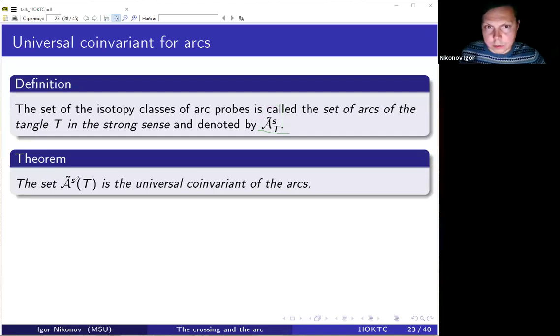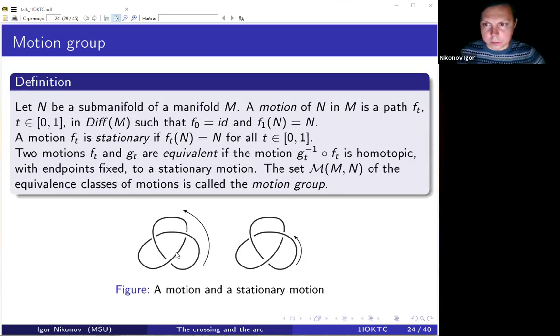And if you want to define not a coinvariant but an invariant, the universal invariant of arcs, then you should consider the motion group.